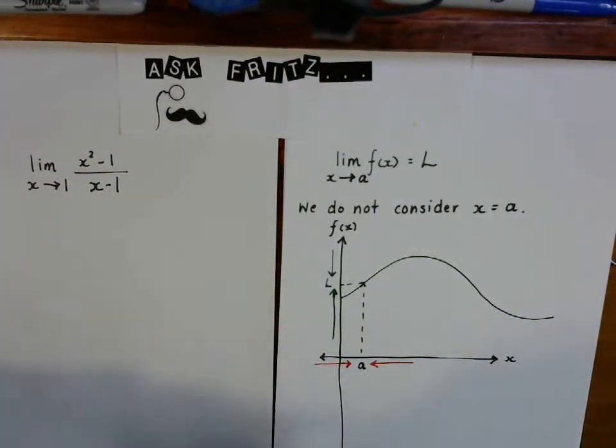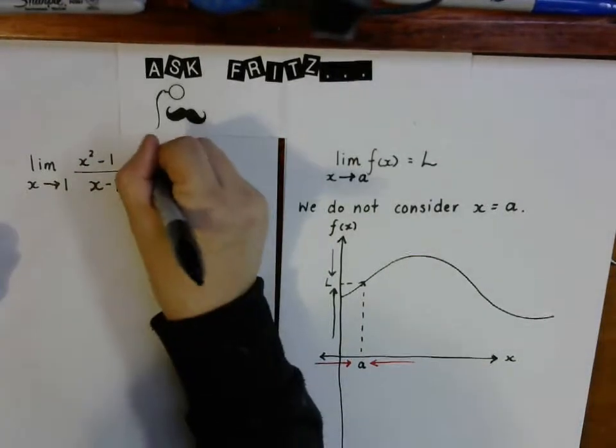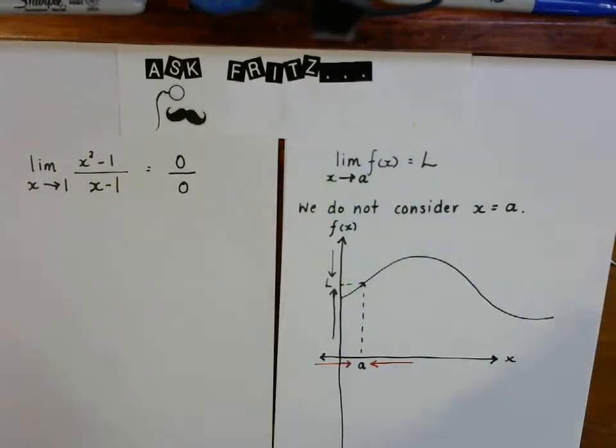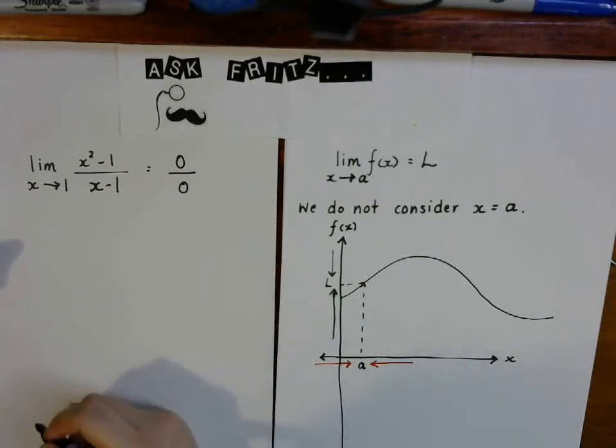Now, like we've done in the past when we evaluate rational functions, first we do direct substitution. 1 squared take 1 equals 0, over 1 take 1 is 0. So that's given us the indeterminate form.